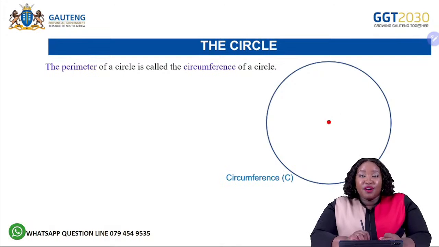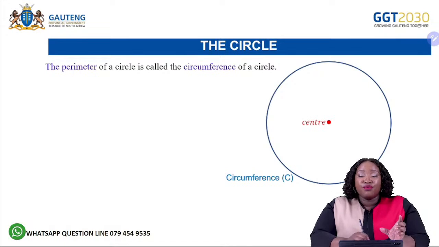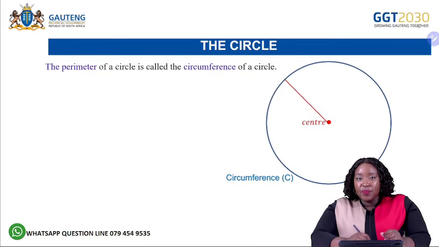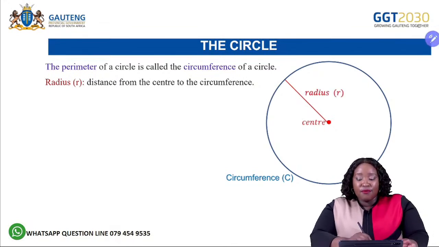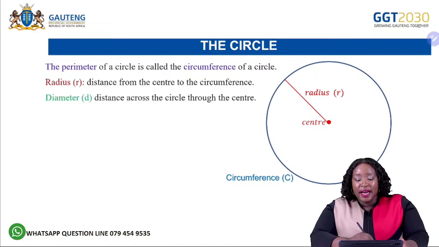And then the middle of that circle would be known as the center. Right, now, if you draw a line from the center to the circumference, that is now called a radius, right? That's the distance from the center to the circumference. Okay. But let's say you draw a line through the center to the other side of the circumference, and that would be now known as a diameter.